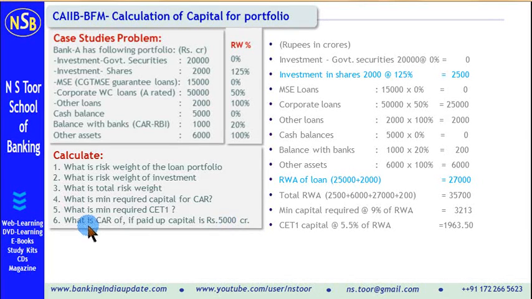Friends, we cannot calculate the capital adequacy ratio only with the help of paid up capital, because for that purpose we need the amount of capital funds, and paid up capital is only one of the elements of capital funds. Hence the answer to question number 6 cannot be calculated.